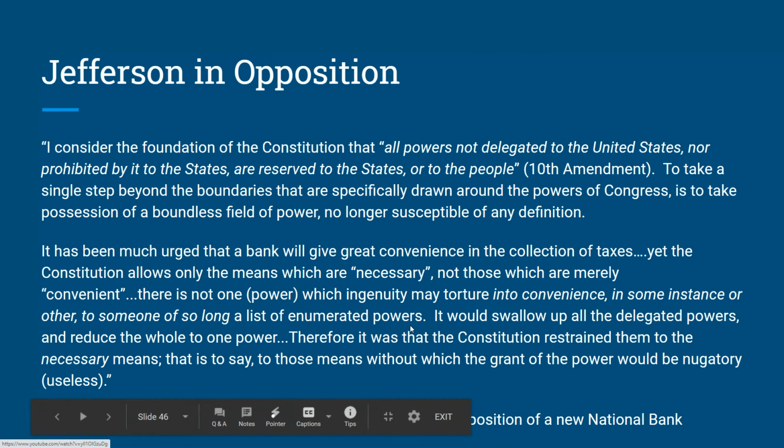So remember, we have what are called delegated powers in the Constitution. Delegated powers are powers that are specifically assigned to a particular branch of government. For example, the power of veto is a delegated power to the president. The power to declare war is a delegated power to the House of Representatives.